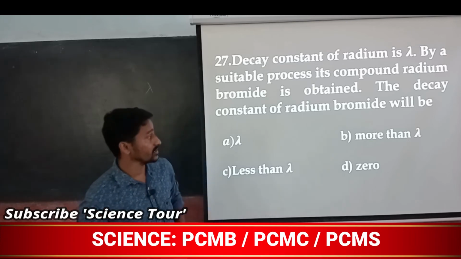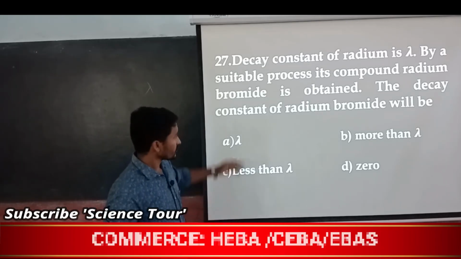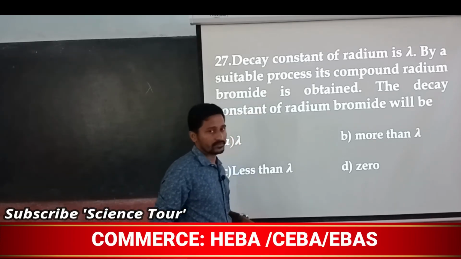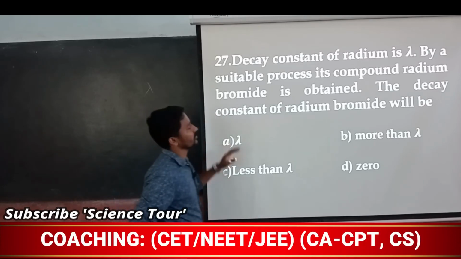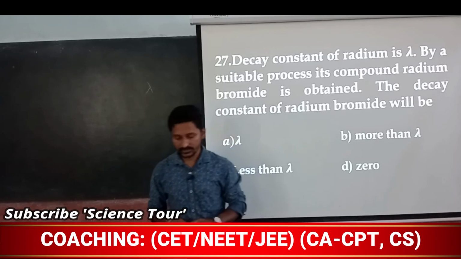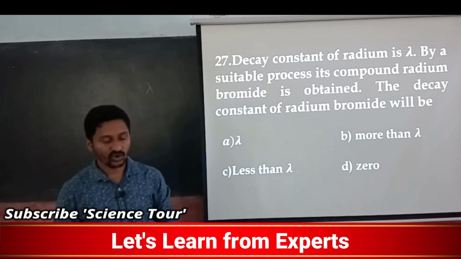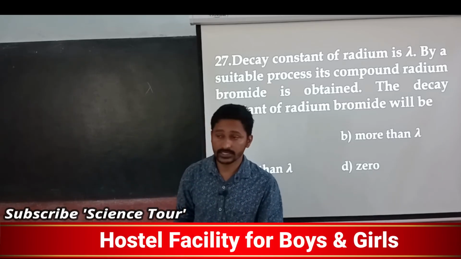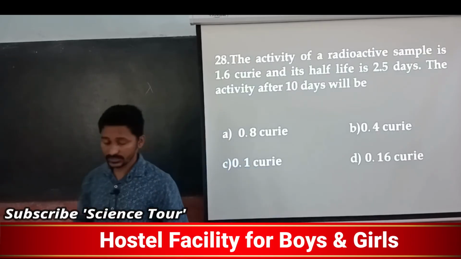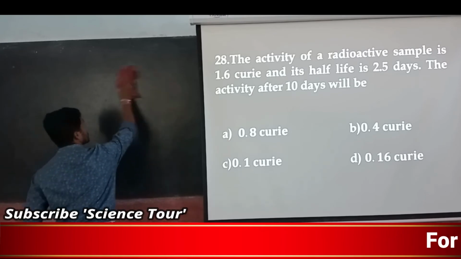Here the substance is not changed, it is a compound of radium itself. So the decay constant will be the same; the decay constant remains constant for any of the radioactive material.